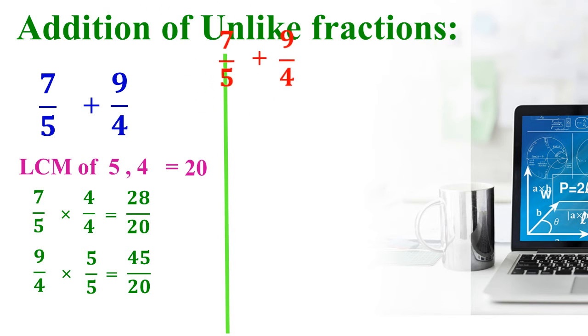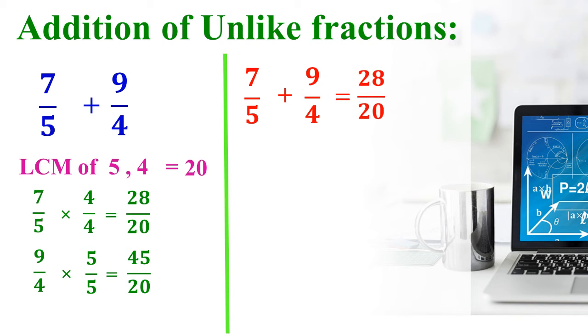Now let us add the like fractions. So here 7 by 5 plus 9 by 4 equal to 28 divided by 20 plus 45 divided by 20. Now we shall add the numerators and write the common denominator. So 28 plus 45 equal to 73, and then write the common denominator 20.